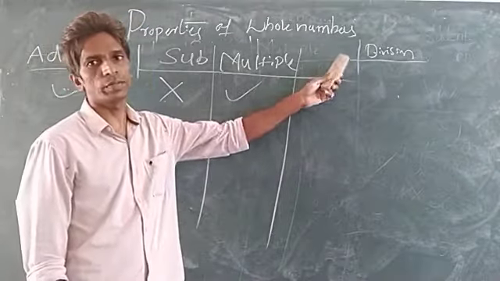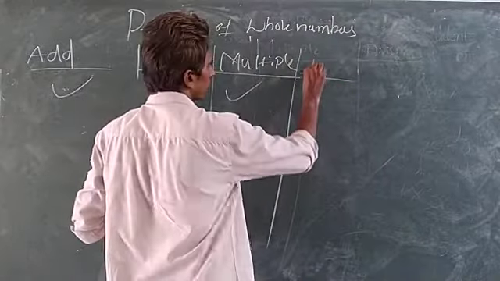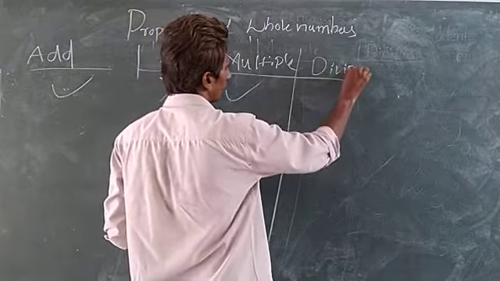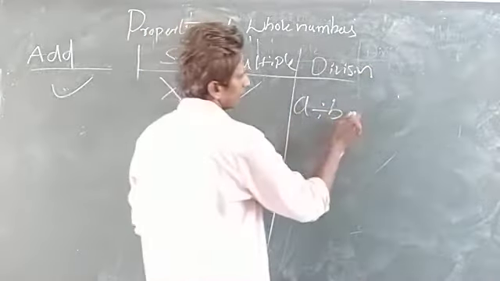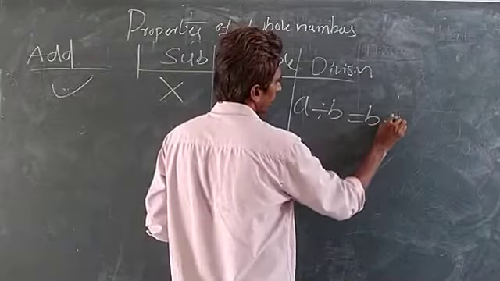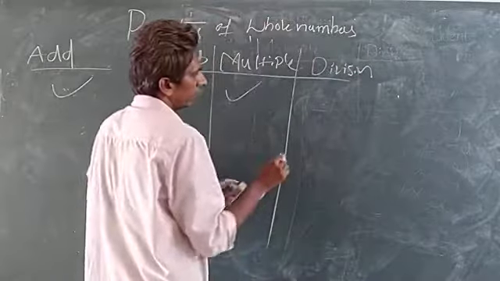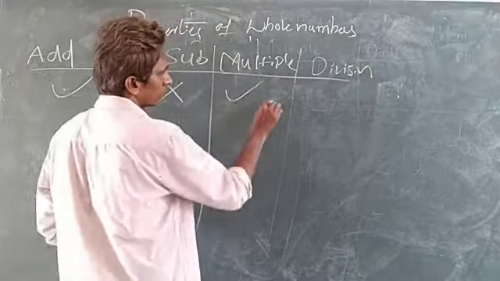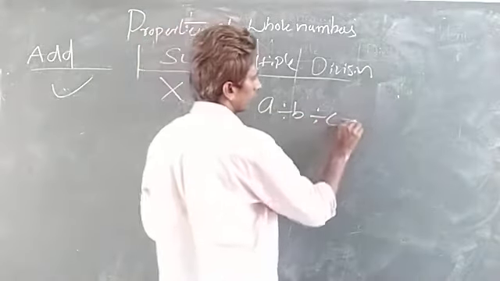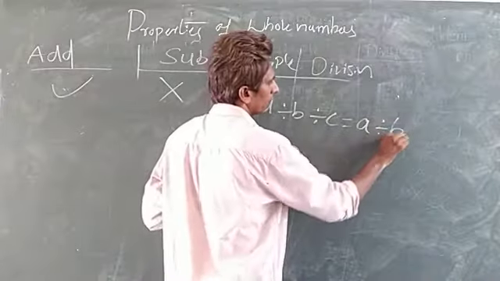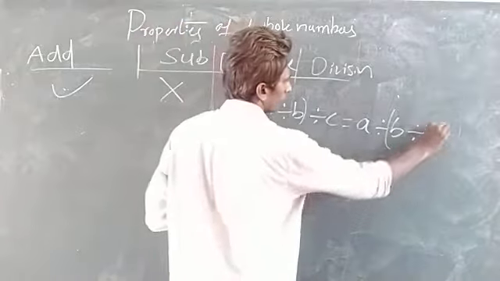Let's do the next. The last one is division. See, a divided by b divided by c equals a divided by b divided by c. Three numbers are called 3. The first two values have the bracket, and then the last two values have the bracket.